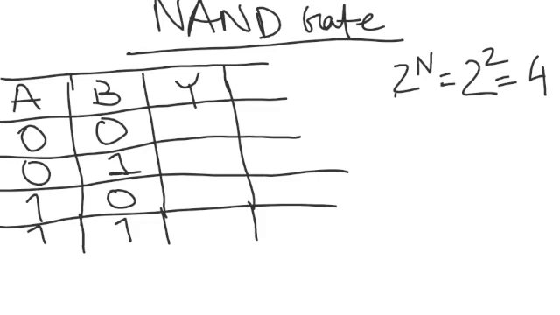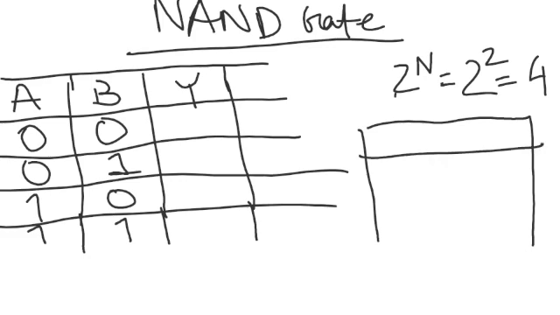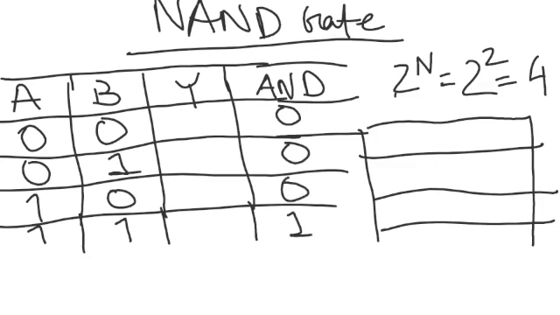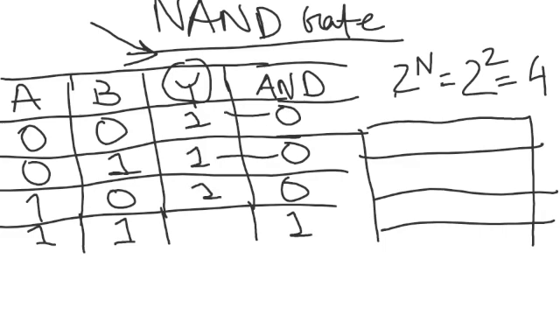Let me draw the truth table of the AND gate here. For the AND gate, the results were 0, 0, 0, 1. But it's the opposite for the NAND gate. As those were 0, it's going to be 1, 1, 1, 0.